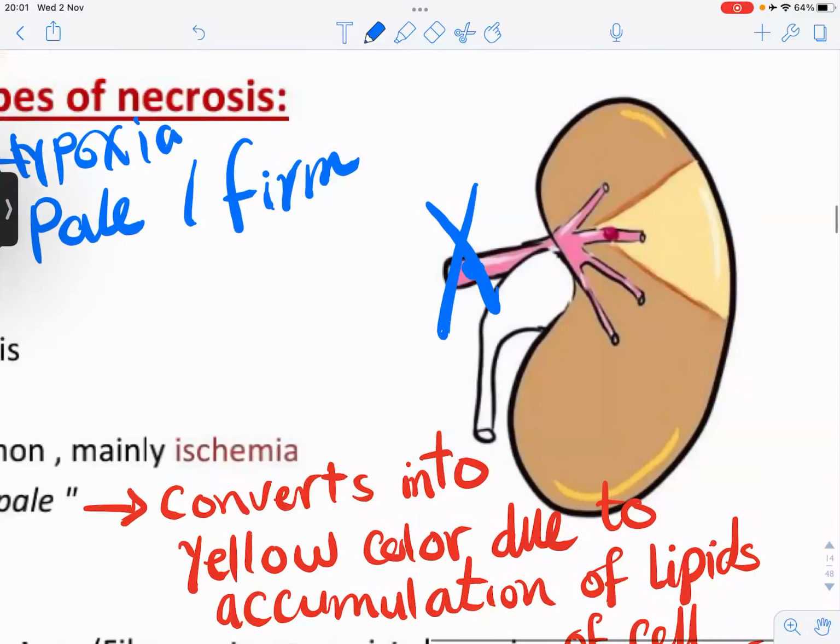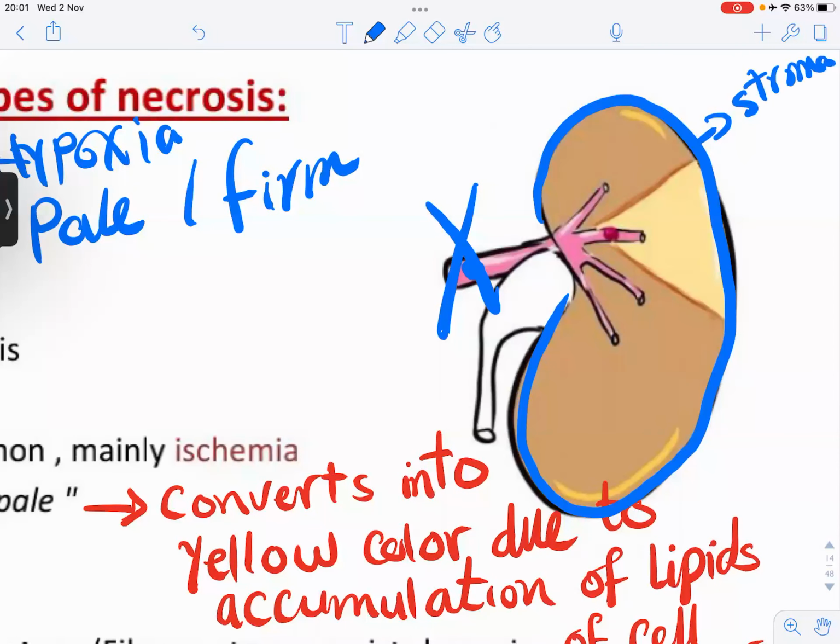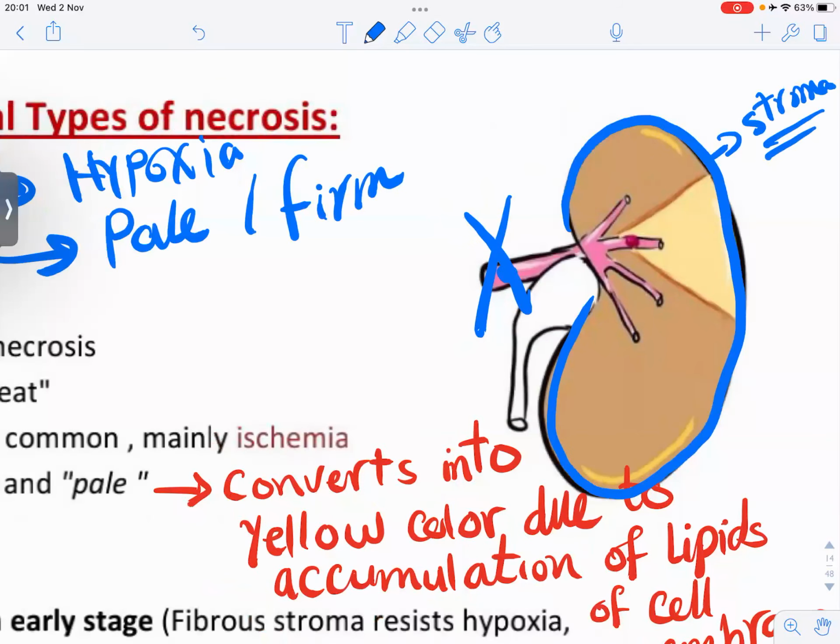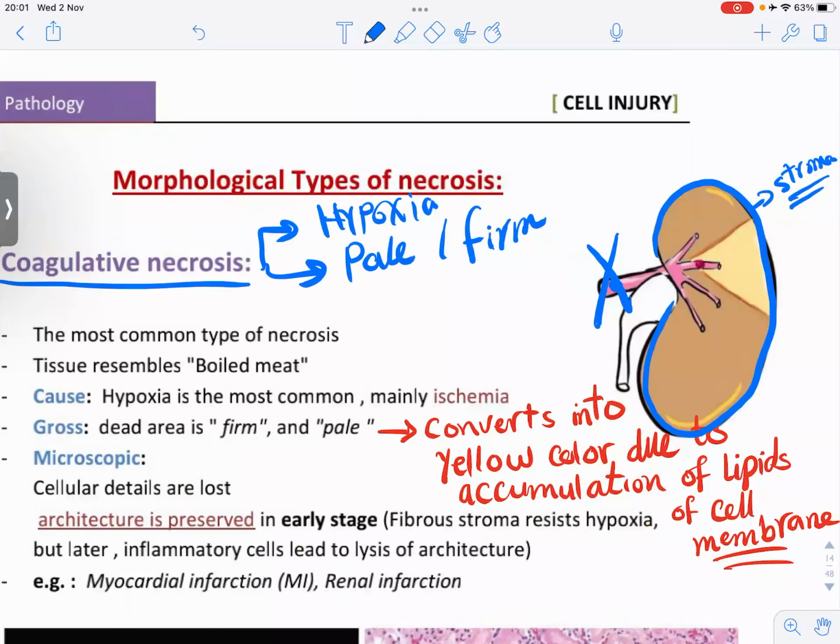But the outer frame of the organ, which is called stroma, will be the same. But why? Because stroma can resist hypoxia for a longer time.